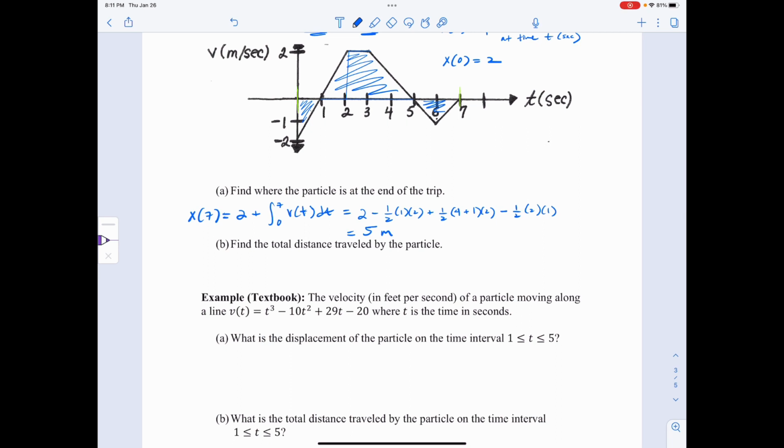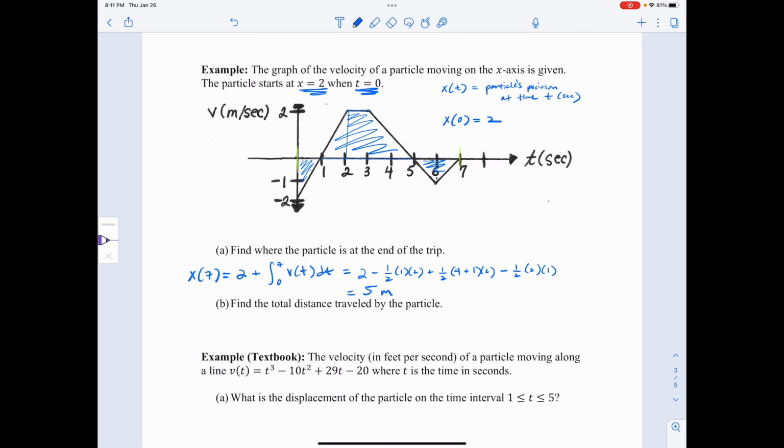So total distance traveled by the particle would be, we'd want to add up the magnitude of the distance that the particle is going to the left, and then plus the magnitude of the distance of how far the particle is traveling to the right and then to the left.